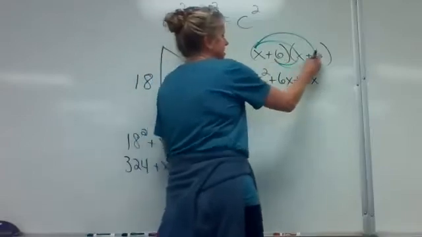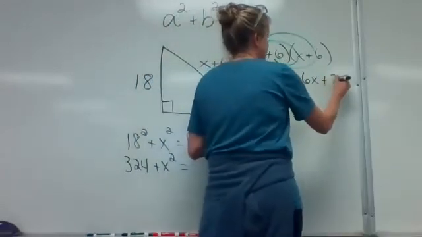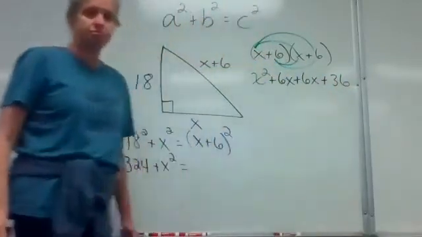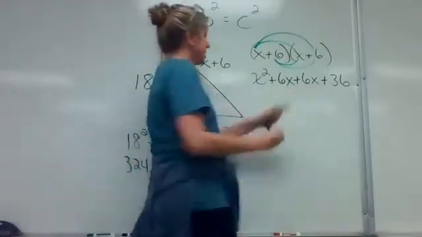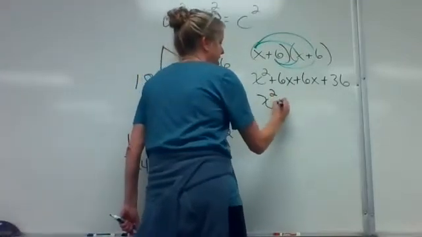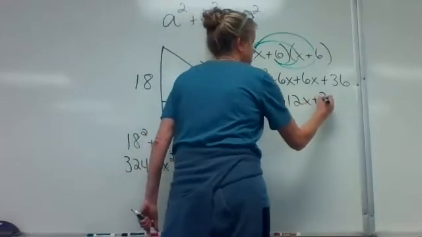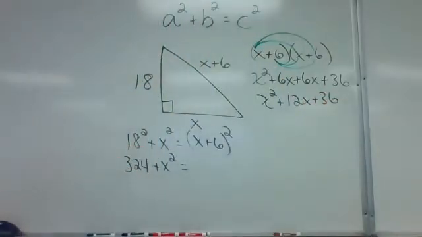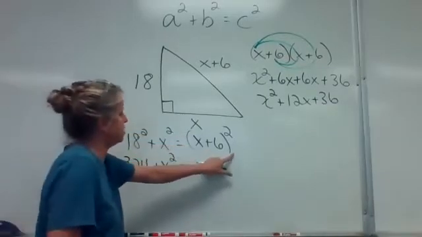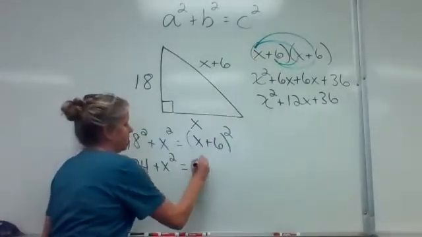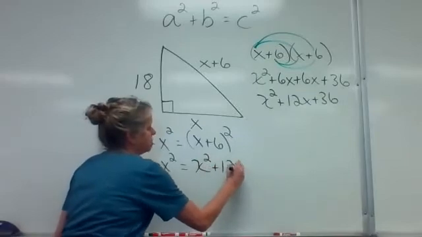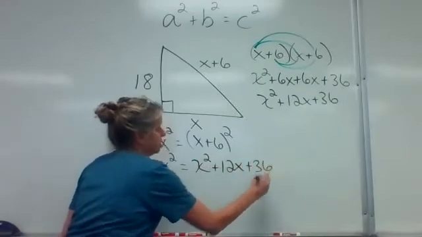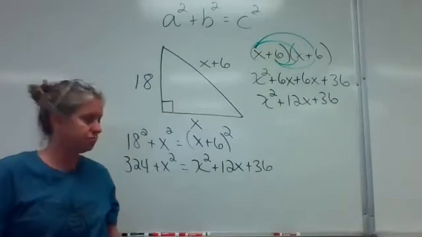And then my last, 6 times 6 gives me 36. But when I put my x's together in the middle, I have x squared plus 12x plus 36. So that's what the right side of the equal sign is going to look like. X plus 6 squared gave me that. So x squared plus 12x plus 36.